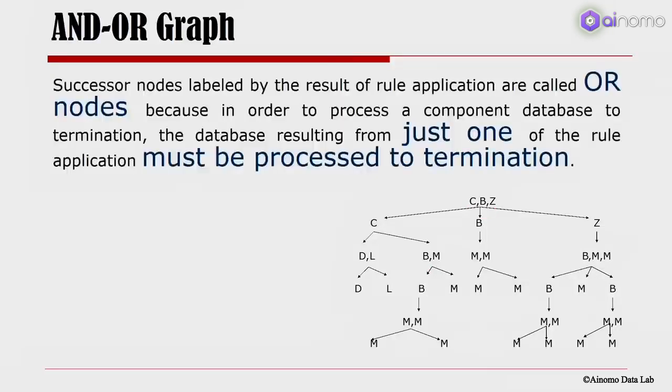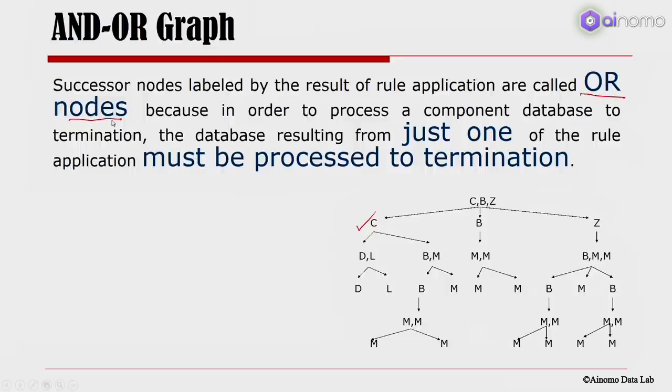Another important thing that one needs to realize is that the successor nodes labeled by the result of rule application, like here when I have DL or I have BM as I apply the rule onto C, are referred to as the OR nodes.